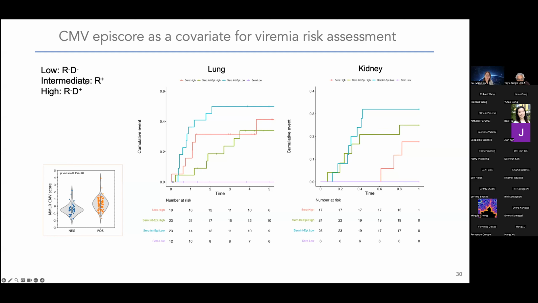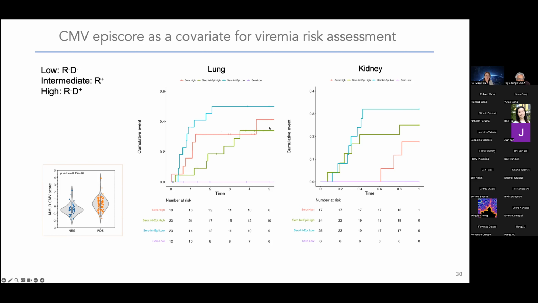And we find that for the intermediate serostatus group, we can even stratify based on their CMV epi scores, which is the predicted CMV status from the multivariate models. With this, we can see the low epi score ones develop CMV viremia really easily.